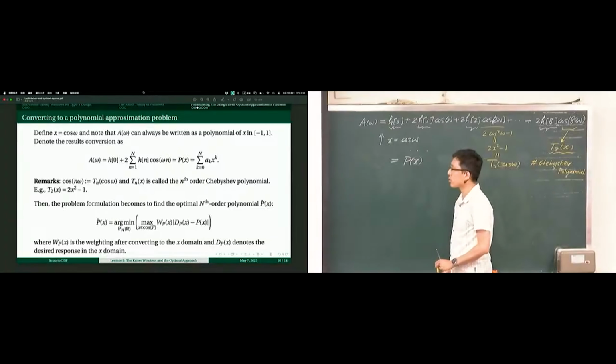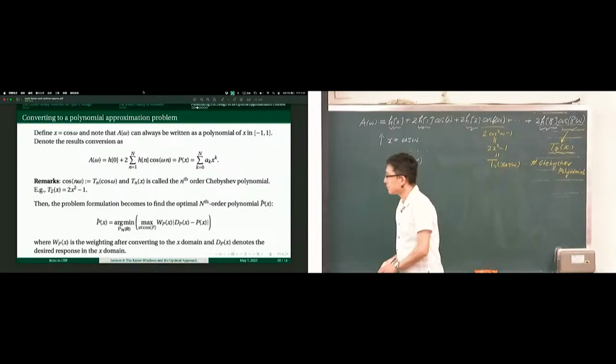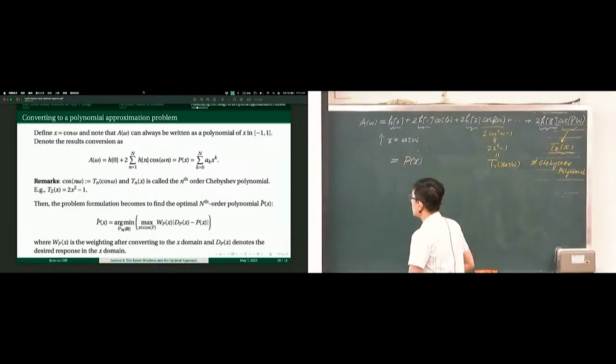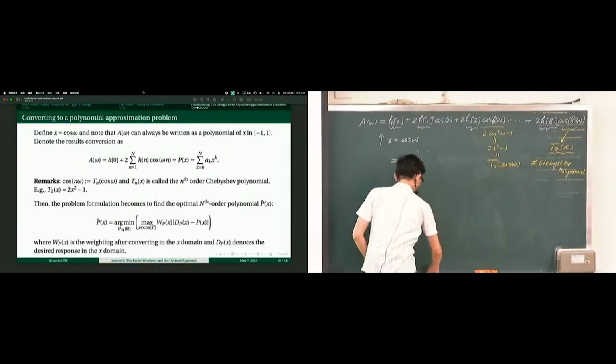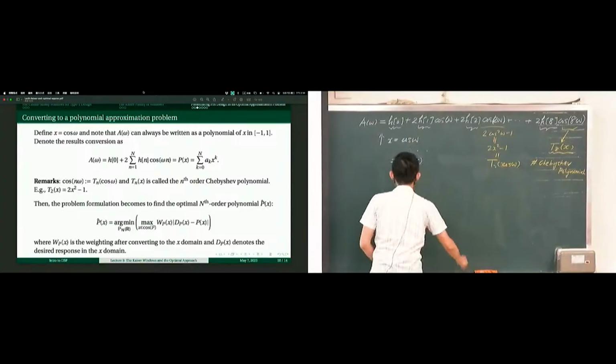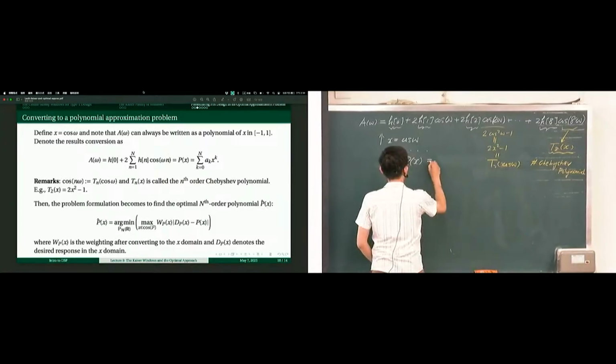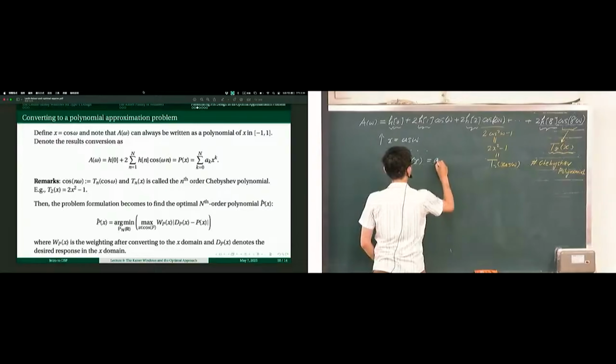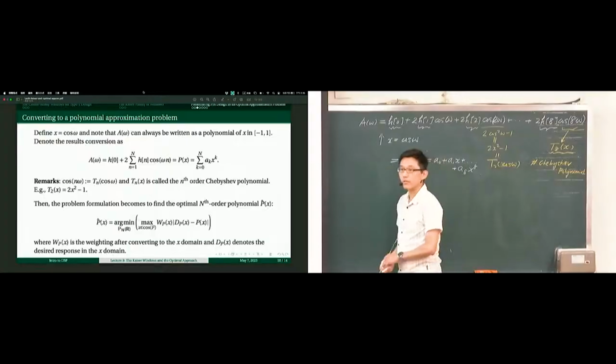It becomes the nth order polynomial of x, which equals our notation right here: A0 plus A1x plus and so on, plus the last term is A8 x to the 8th power. So that's our notation for now.